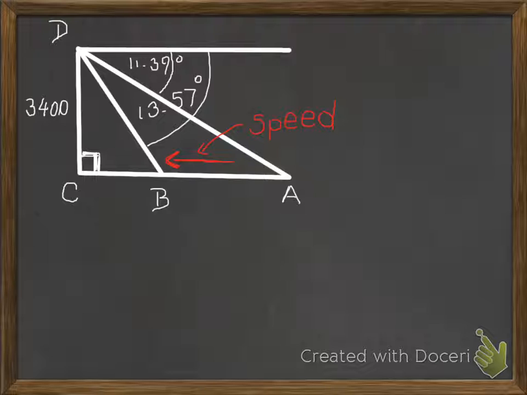Now, to get the speed from point A to point B, we're going to use the distance equals rate times time formula, which is speed times time. So we're going to find the speed r. We're given that the time is 3 minutes.